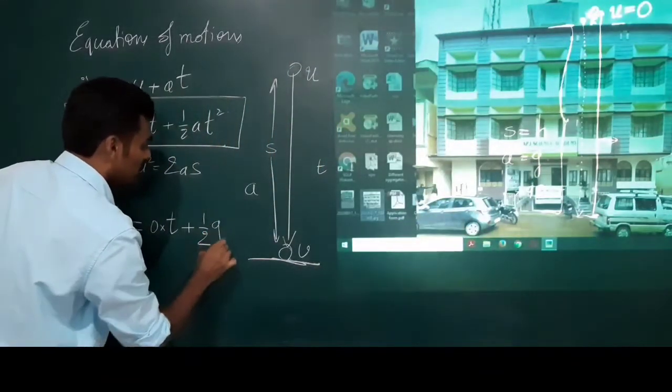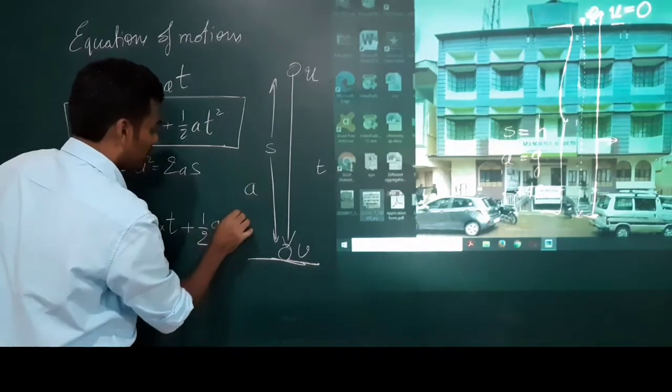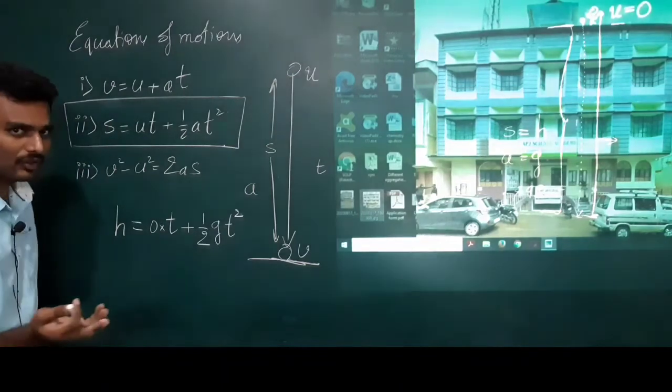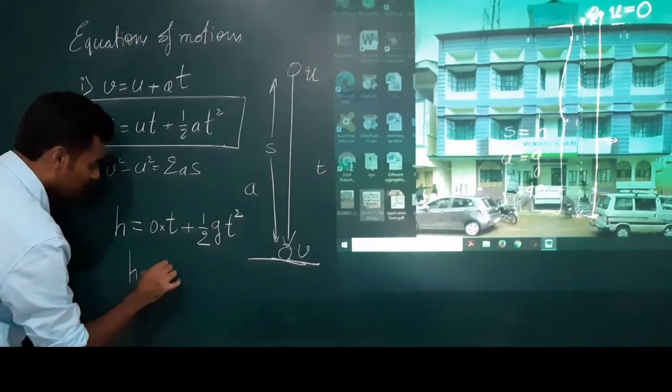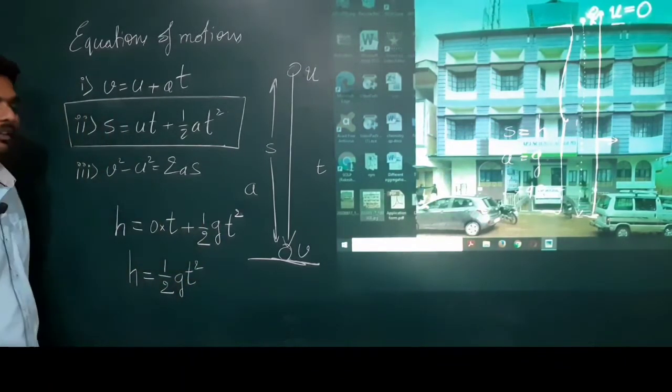So it is half g t squared. Again, t is the time taken for the body to reach from top to bottom. 0 into t, 0 into anything is 0. So finally, I am simply left with h is equal to half g t squared.